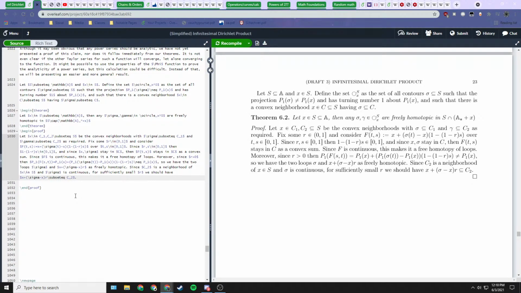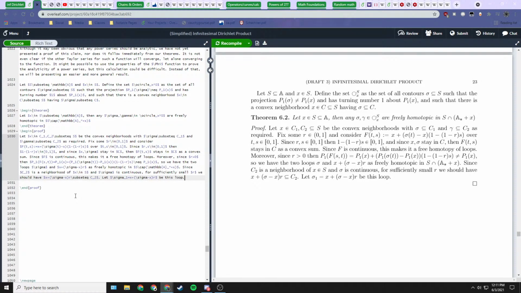So we're going to say let sigma 1 be X plus sigma minus X times R, be this loop. Okay, so that's the first part.